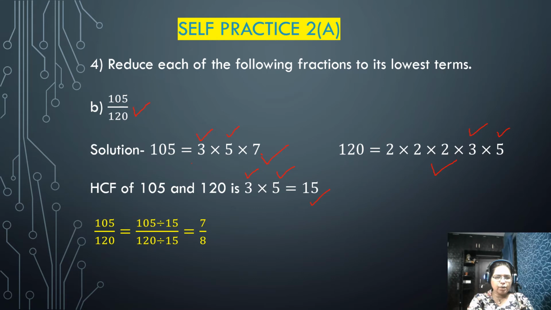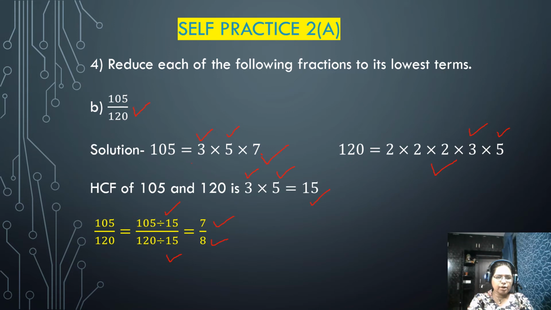So 105 divided by 120 equals 105 divided by 15, over 120 divided by 15. 105 divided by 15 is 7 and 120 divided by 15 is 8. So we get 105 divided by 120 equal to 7 divided by 8.